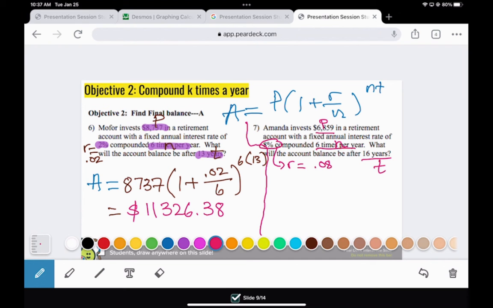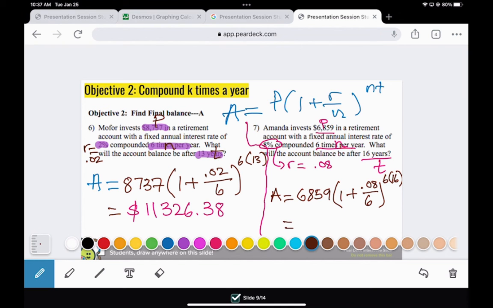So that's the T, right? So A equal to, I know P is 6,859, 1 plus the rate, 0.08 over 6, to the power of 6 times 16.